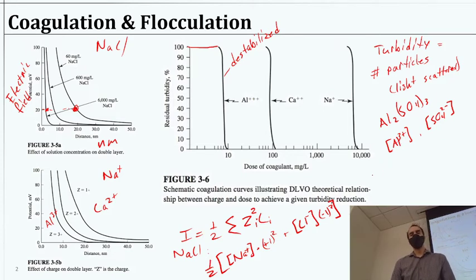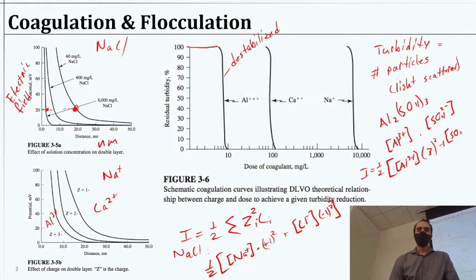Then you would put these in and say your ionic strength is equal to 1/2 times the Al3+ concentration times 3 squared, plus your sulfate concentration times -2 squared, and that would be your ionic strength, the sum of those two for that equation.